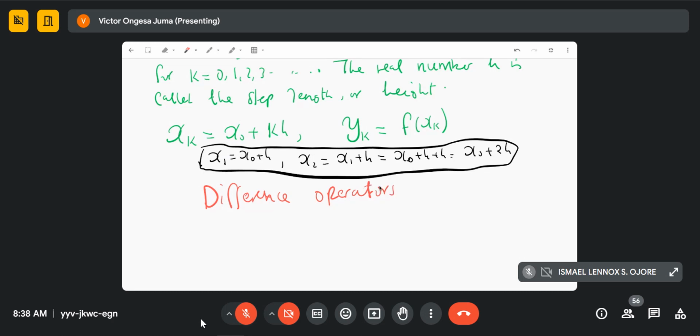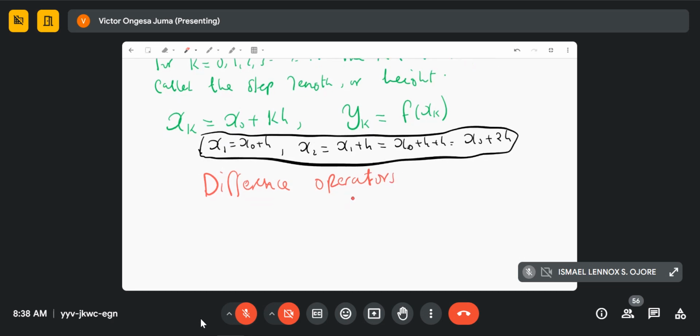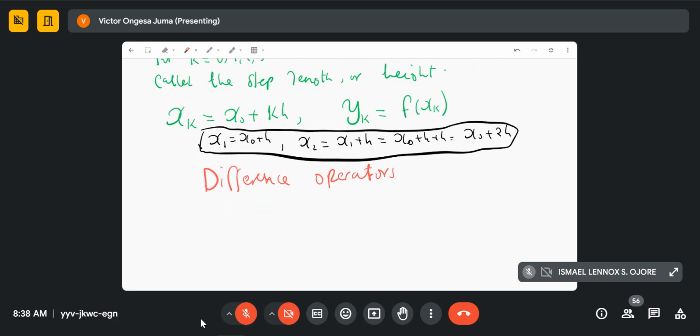They are the quantities we will need to approximate a function given data points which are equally spaced. And the first one I'm defining is called the forward difference operator.